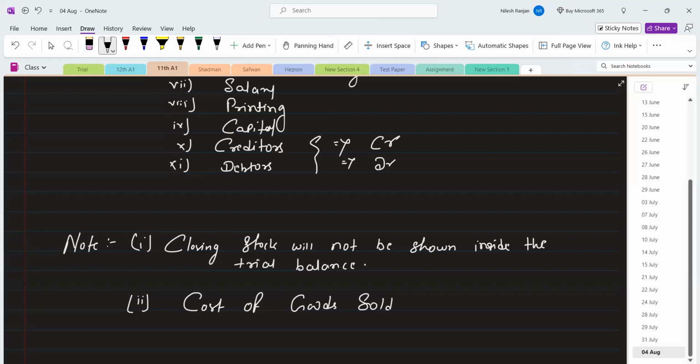Yes. Okay, sir. So opening stock and purchase will not be written, and closing stock will be written on the debit side. Yes. Okay.